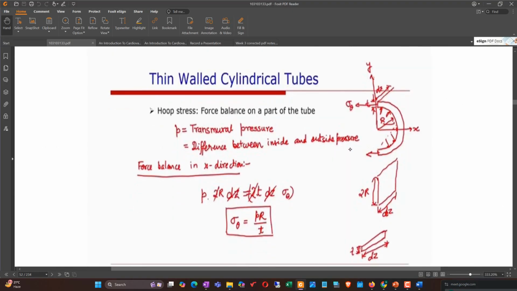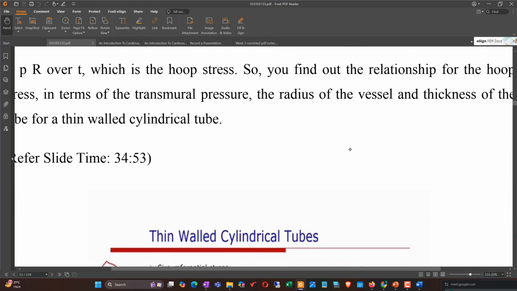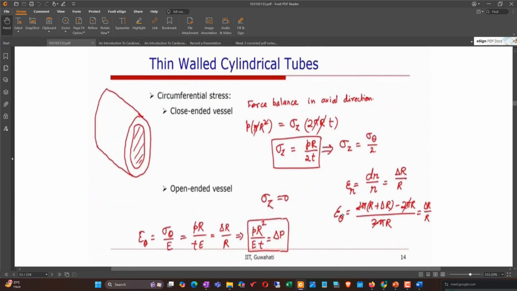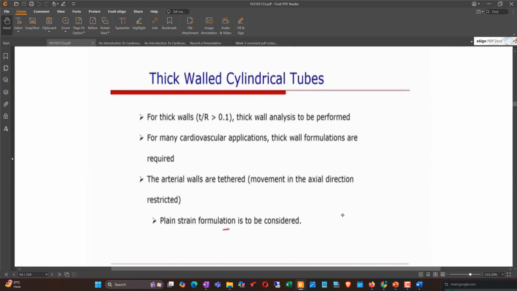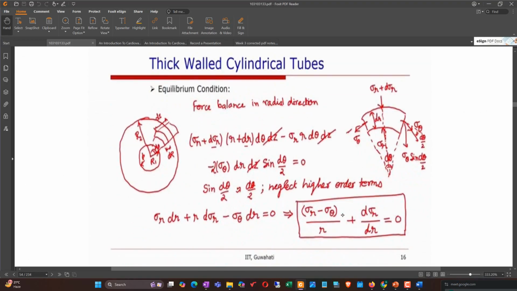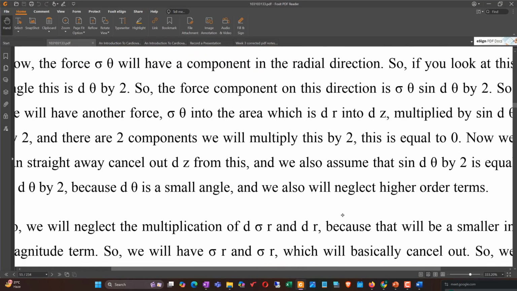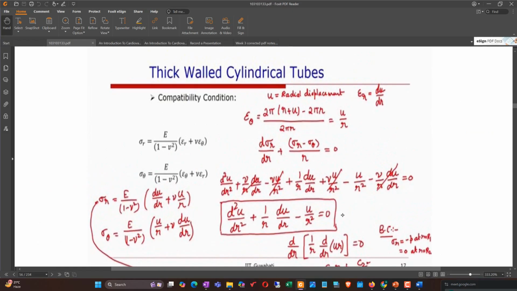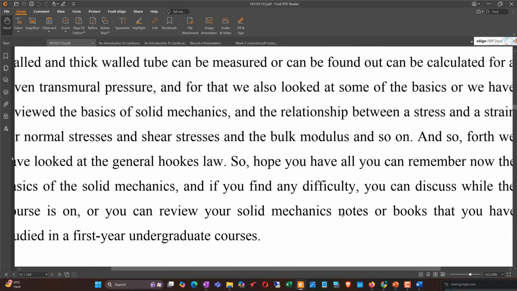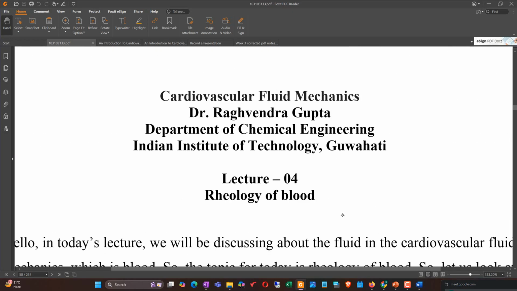Derivation for the hoop stress, derivation for the circumferential stress. Now the thick wall came into the picture. For the thick wall, the relationships have been defined and derived thoroughly, with all the differential equations taken care of.